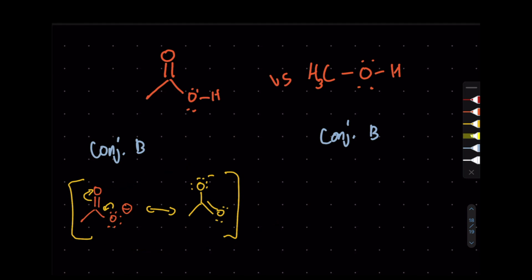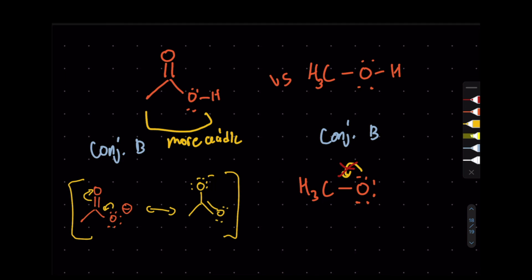Then let's look at the conjugate base of the alcohol. What we can see is that there is no way for it to move its electrons, because then carbon would have 5 bonds, and so we can't do that. So it does not have resonance, hence why carboxylic acid is more acidic.